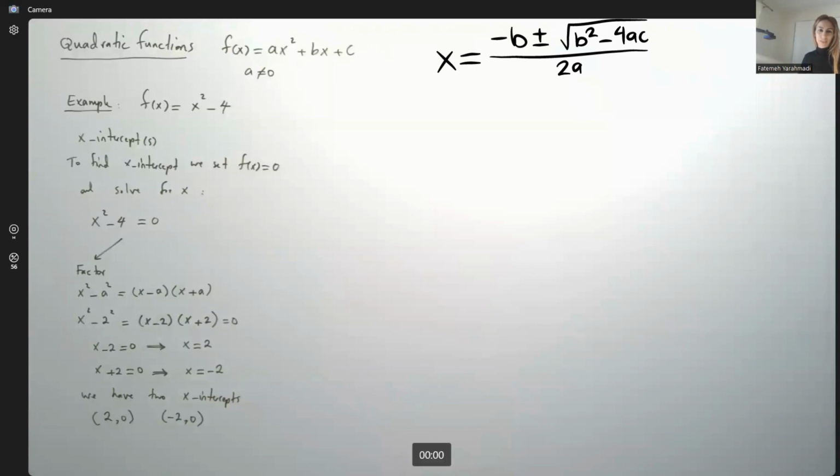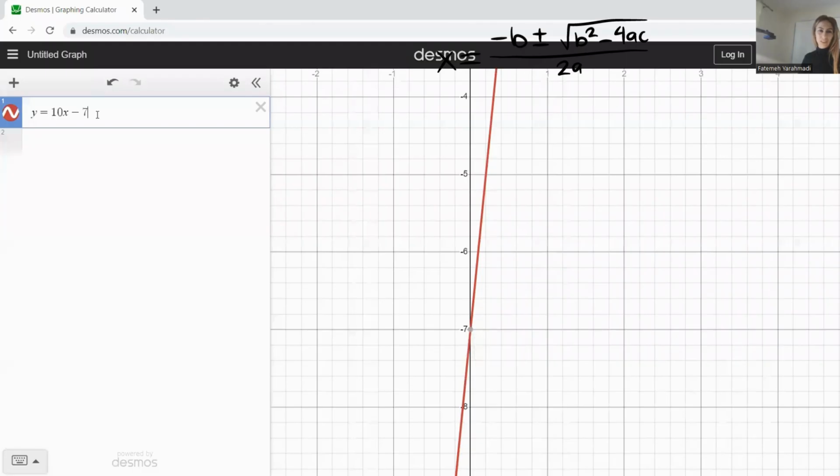Let me have Desmos ready. So we can take a look at this quadratic function. This was a linear function that we discussed, and we're moving on to y equals x squared minus 4.